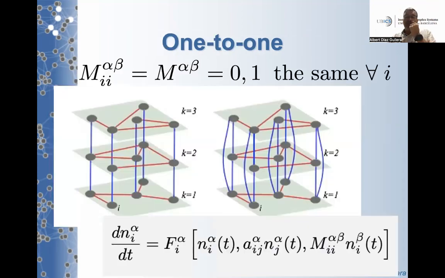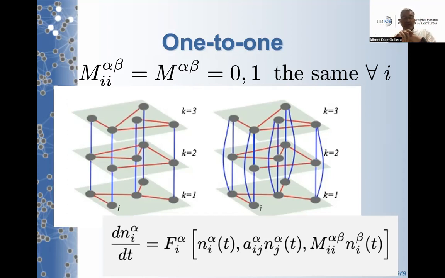So basically what we used to have is that these elements M^alpha beta don't depend on the particular nodes, and they can be 0 or 1 for all i, and then it means whether two layers are connected or not. So we don't expect the connections to be different from node to node, but we expect that this is a property of the layers, not of the nodes.